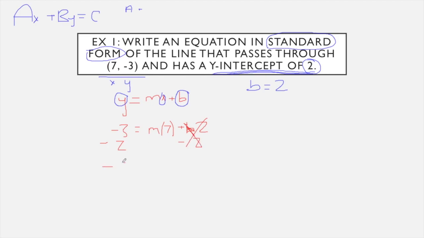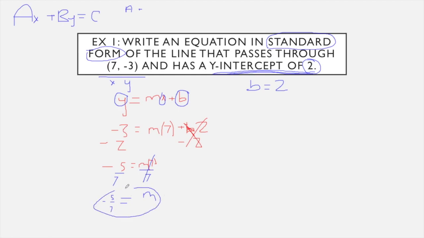On the left, we get a -5 equals m times 7, or 7m. Now to get m finally by itself, what must we do? Well, we see that this is tied by multiplication, so we will divide on both sides. These 7's go away, and m equals this value, -5/7.